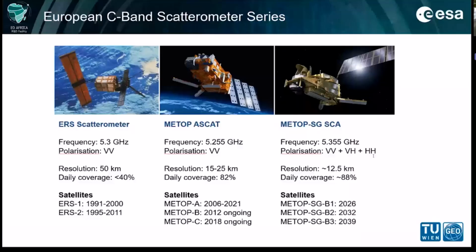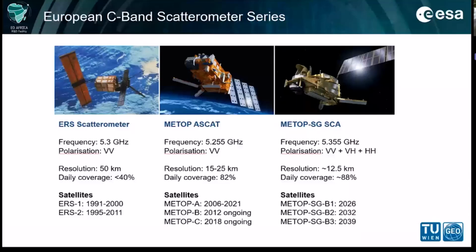In terms of the resolution, we have seen a constant improvement in the quality of the data. With the Advanced Scatterometer, we had a spatial resolution on the order of 50 kilometers. Now with ASCAT, we are down to roughly 15 to 25 kilometers, depending on the pre-processing. And with the SCA instrument, we will again double the spatial resolution to about 12.5 kilometers.